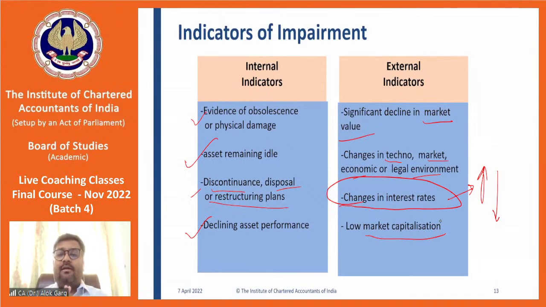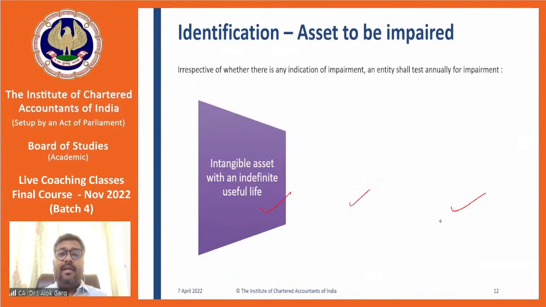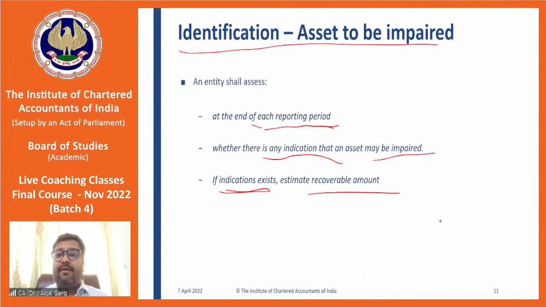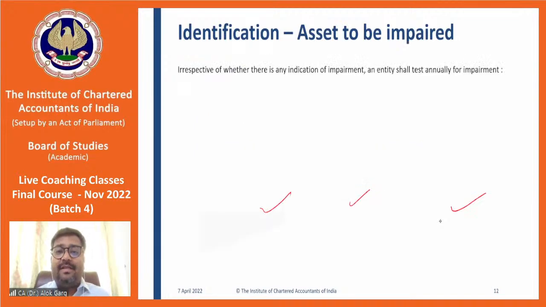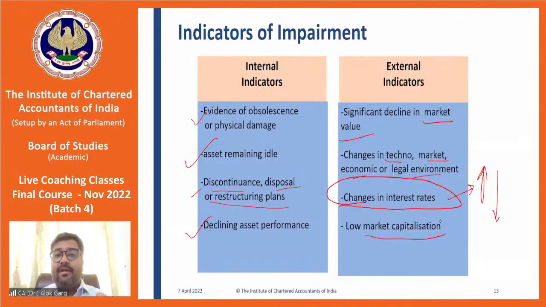So friends, when we have talked about identification of whether an asset may be impaired, you have to check if there is an indicator. Then you need to go with the detailed impairment exercise, and you need to calculate the recoverable value. So what are those indicators? These are my internal indicators as well as my external indicators.